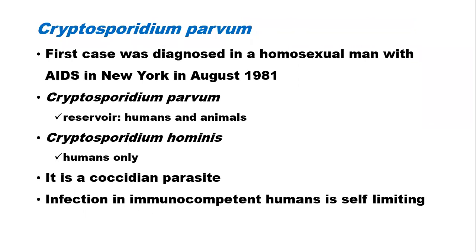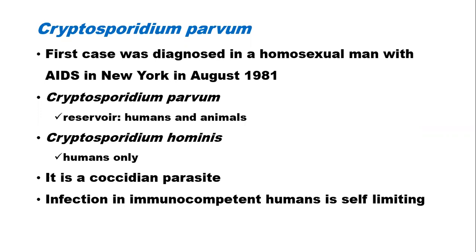Cryptosporidium parvum will be the first agent we're going to discuss. Yeah, this sentence is wrong. I wanted to type in that the first case in a homosexual man was diagnosed in New York in August of 1981. So it's not that the first case was diagnosed then, no. Human infections have been noted as early as the 1900s, but usually in young children.